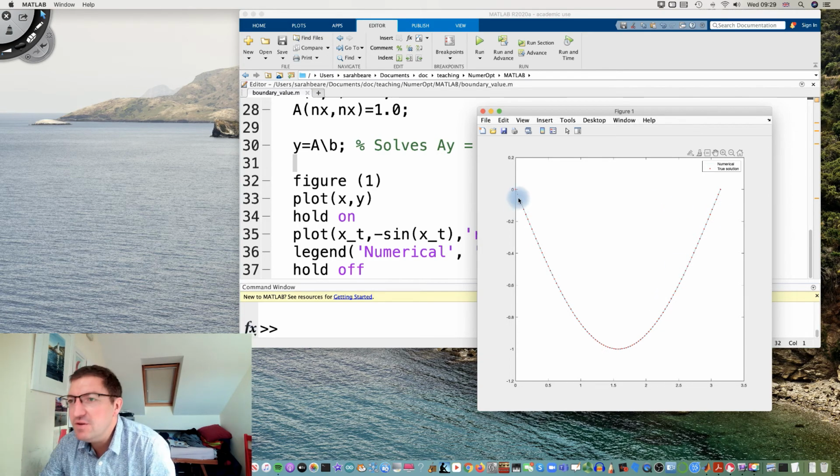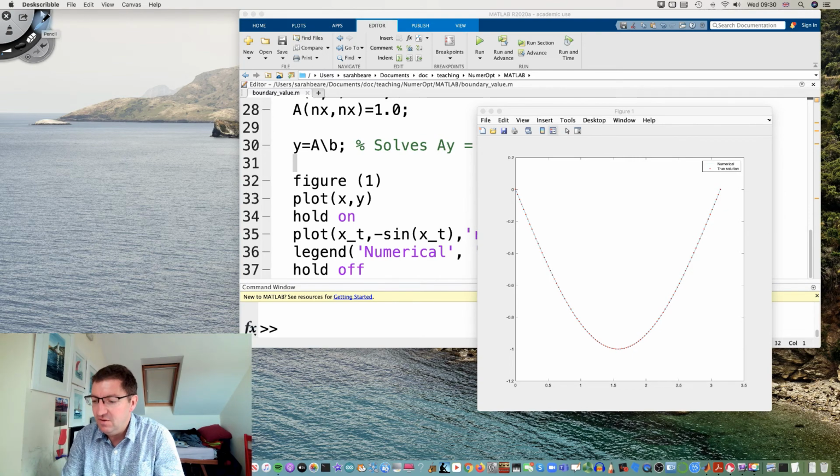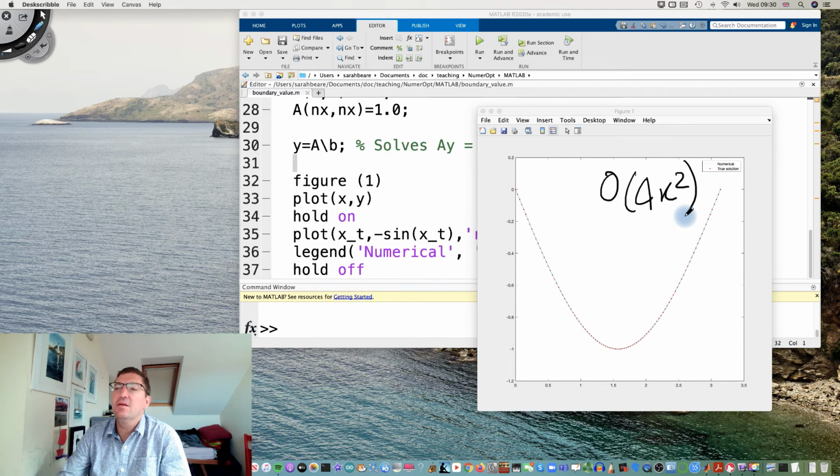And it's because we're using a large number of points, a small grid length. Remember, the error in this method is all to do with this second order truncation error.